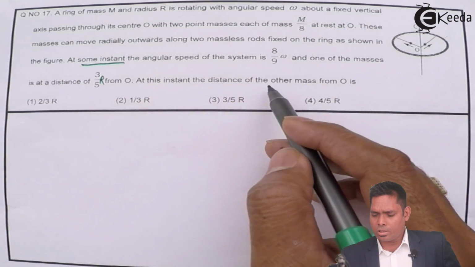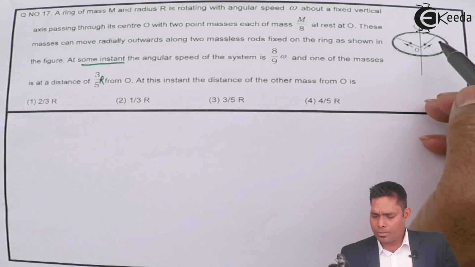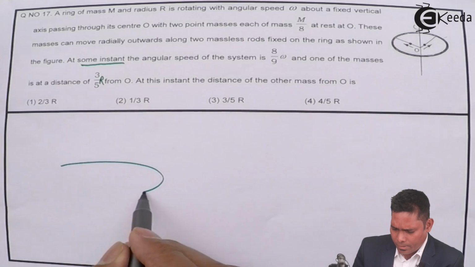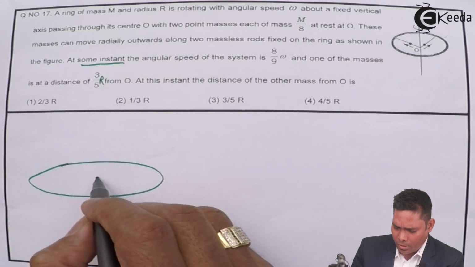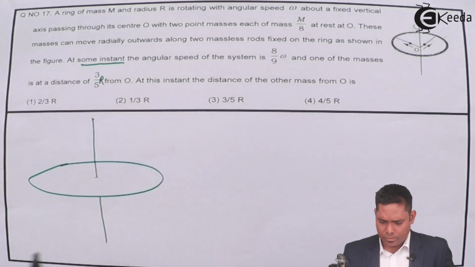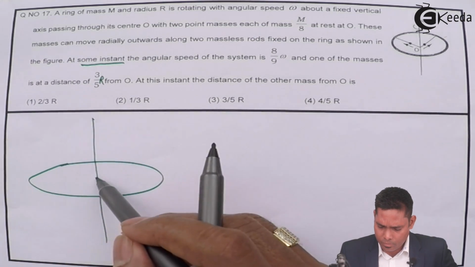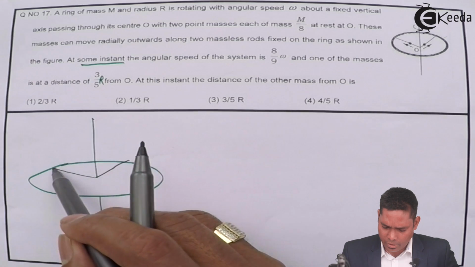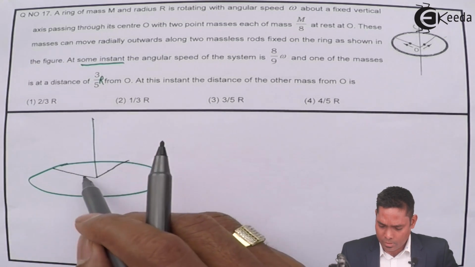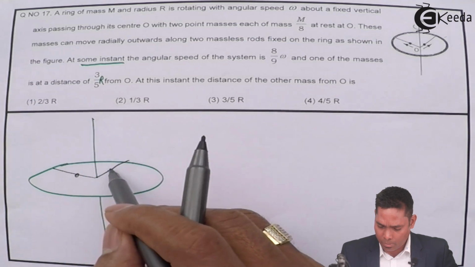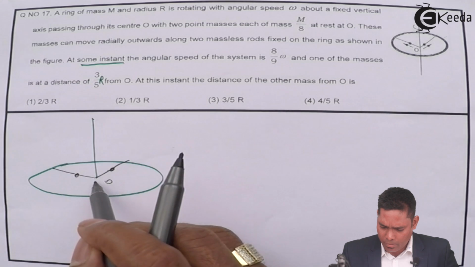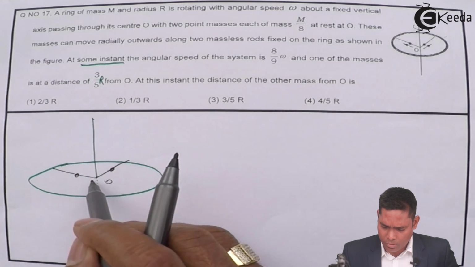At this instant, the distance of the other mass from O is what we need to find. There is a ring here, and there is a rod. This is one rod, this is the second rod, and there are two masses. One mass is here, another mass is supposed to be here.